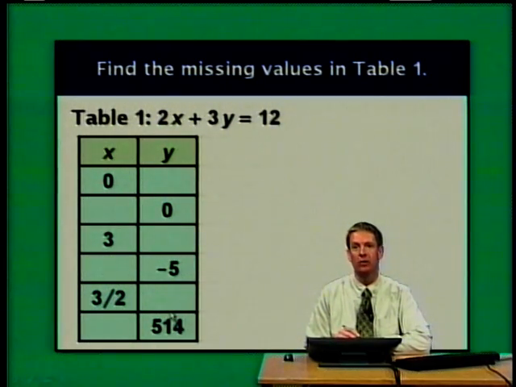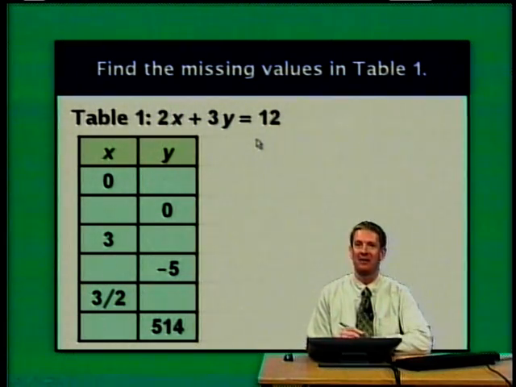And what we want to do is figure out the missing value for the other variable so that when we replace x and y with their respective values, the equation 2x plus 3y equals 12 is true. So a little more specifically, when x is 0, we're going to solve the equation 2 times 0 plus 3y equals 12 for y. When x is 3, we're going to solve the equation 2 times 3 plus 3y equals 12 for y.